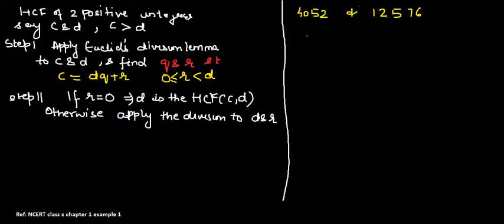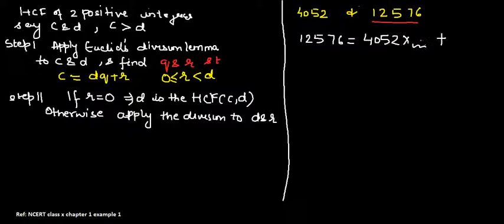Of course we know which one is greater: 12576 is the greater number. So we would be applying the division lemma to these two numbers in the following manner. 12576 is equal to 4052 into some number plus the remainder.